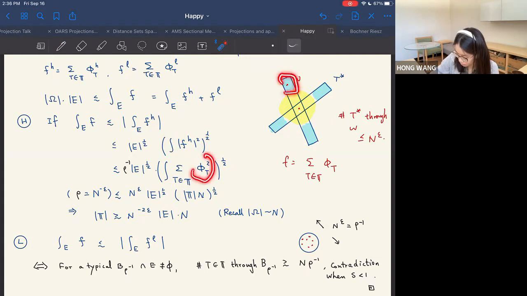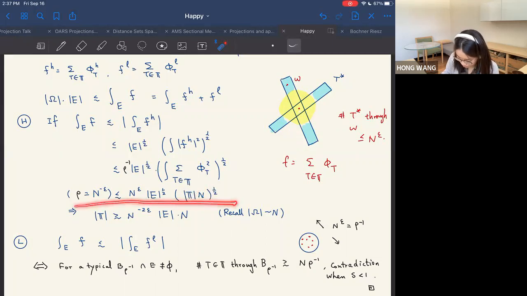This is because they have essentially disjoint support, and then we can use some kind of orthogonality. And since each phi t is like a bump function on t, phi t square does not really do anything, so we can just replace it by phi t. And so this L2 integral is bounded by the number of t times the volume of a single rectangle, that is 1 times n.